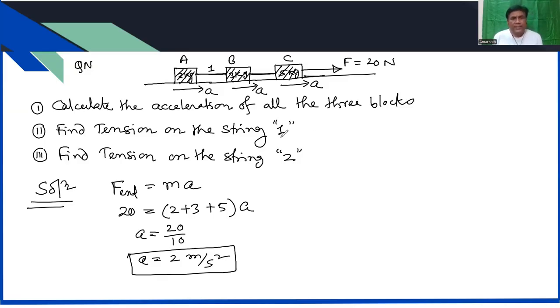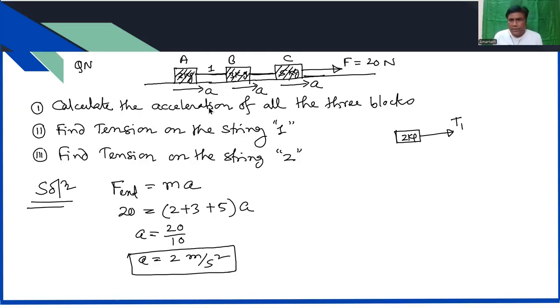Now find the tension in the string 1. For that you have to draw the free body diagram of this part. Say this is the 2 kg object and here is the string. The string will pull it, that is tension T1 only. There is no force from the back. There may be friction on the surface, but in the question it is not mentioned, so we have to take friction as 0.